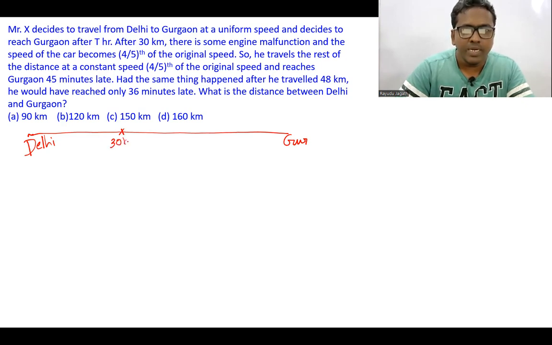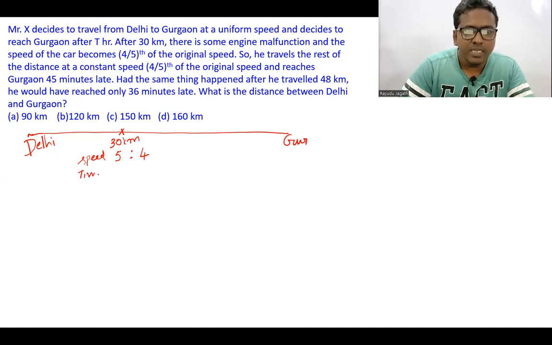This is the 30 kilometers point. Speed up to 30 kilometers point is 5 parts. Assume because of that engine fault, speed reduced to 4 parts, 5:4.